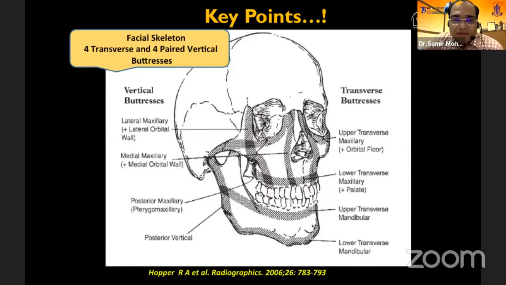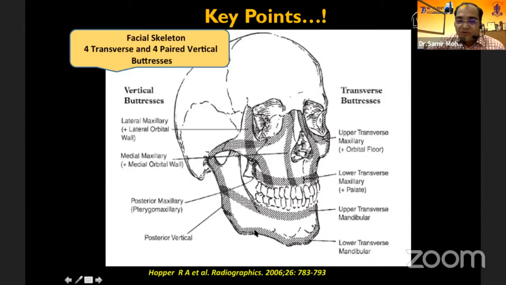So the key point that needs to be understood is to maintain the structural anatomy of the face, which consists of 4 transverse and 4 paired vertical buttresses. And the goal of any reconstruction of these mid-face fractures is to maintain the occlusal relationship of the buttresses and to maintain the spatial relationship of the skull base with that of the maxillomandibular unit.